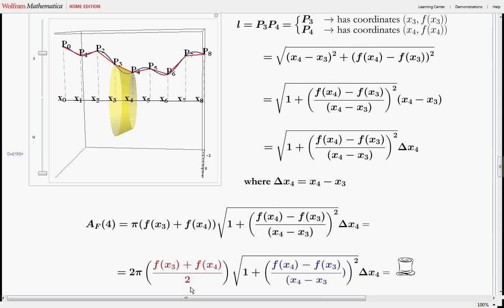And as a result, I can now deal with the average of the values of the function f at points x3 and x4. And that's the red term here. I also highlighted in blue another term that we will have to focus on in a moment, namely the average rate of change of function f on the interval x3 and x4.